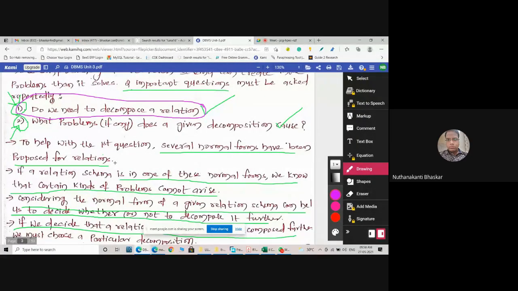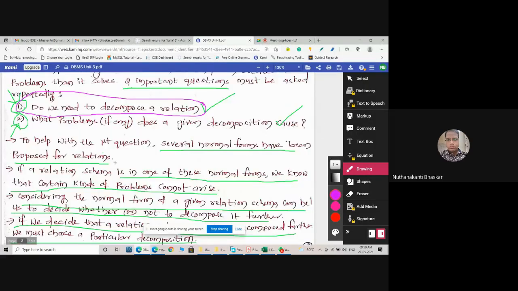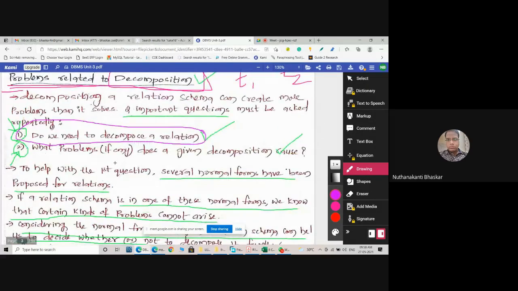If you want to decompose a relation, you must find whether a suitable normal form applies to your relation or not. That is a very, very important question. Are you clear? This must be done before the decomposition. Are you clear?